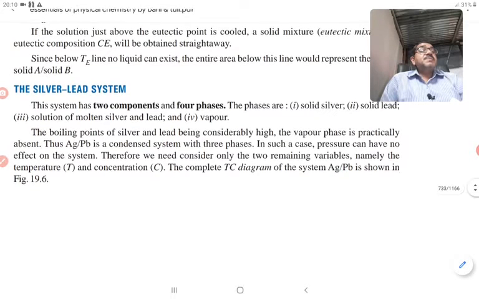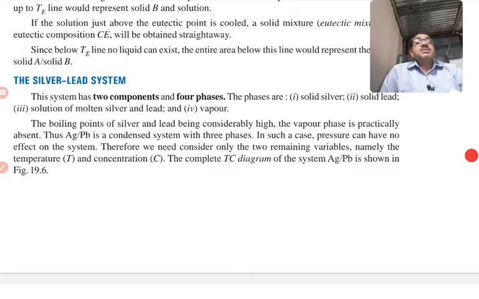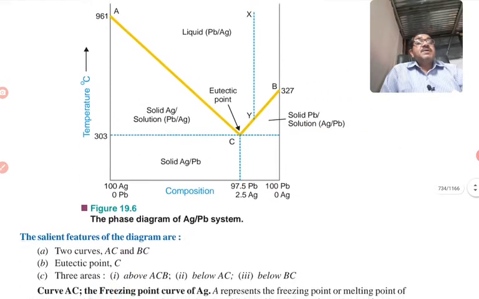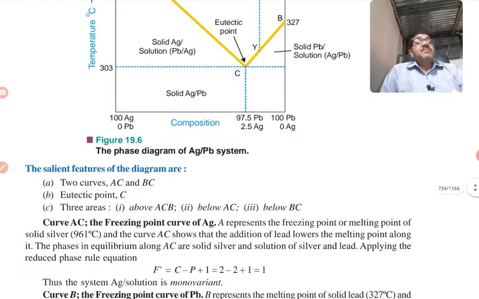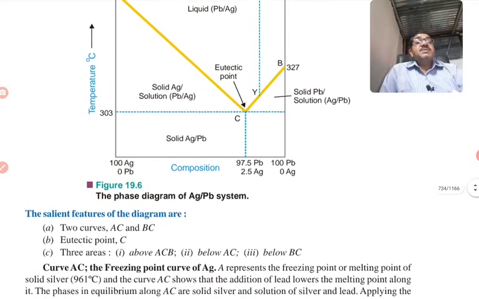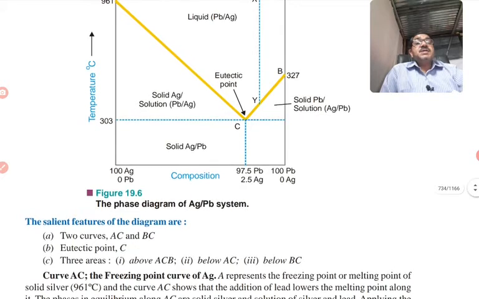In such a case, pressure can have no effect on the system. Therefore, we need consider only the remaining two variables, namely the temperature and concentration. The diagram is shown here. After drawing the diagram, we can understand the salient features of this lead silver system.